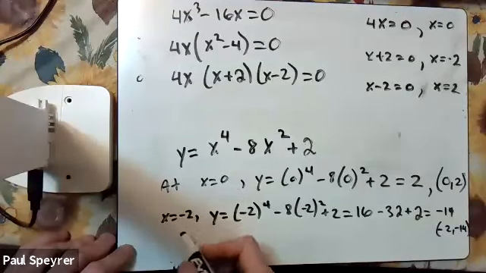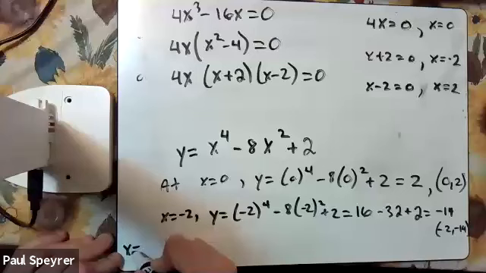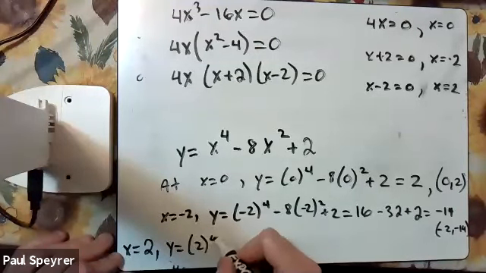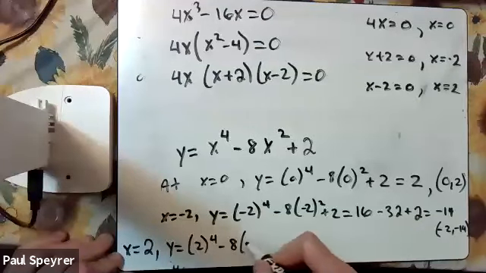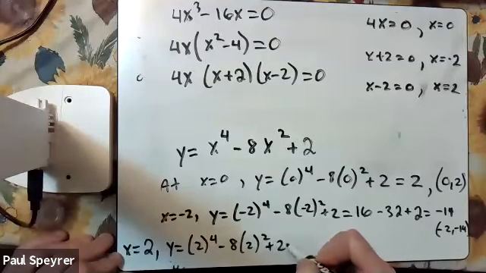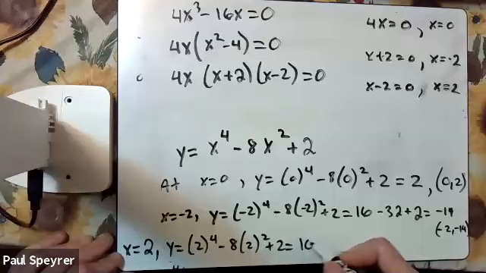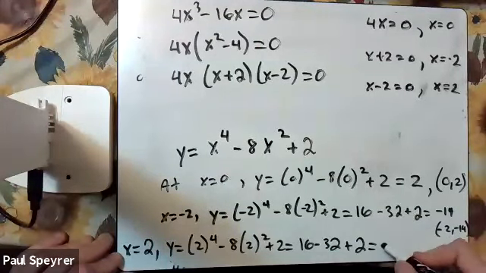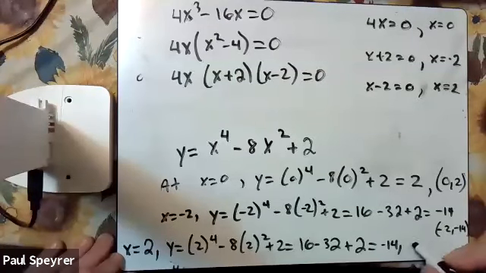And then for the last one, x equals positive 2, you still get 16 minus 32 plus 2, and that gives you negative 14. So this one occurs at 2 comma negative 14.